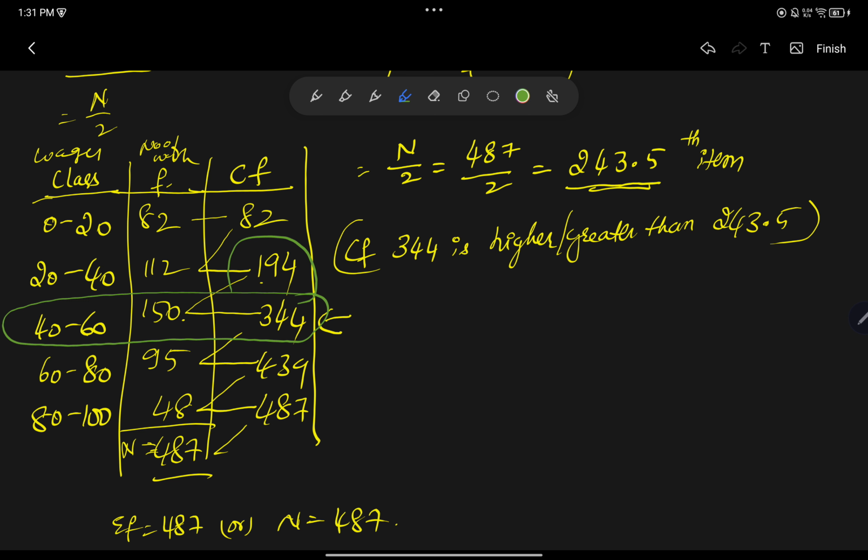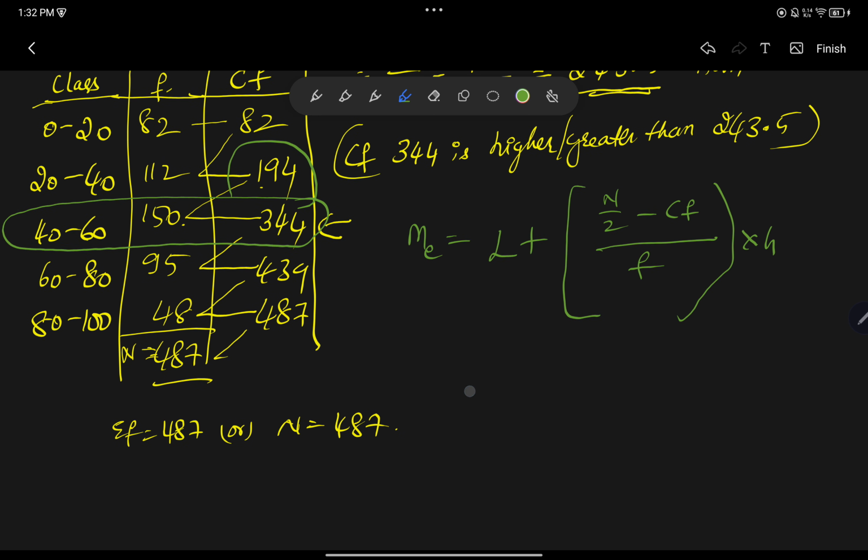Okay. So now, as per the formula, median is equal to L plus (N by 2 minus CF) divided by F, into H, correct? So what is L here? L is the lower limit of that median class. The lower limit of the class is 40.